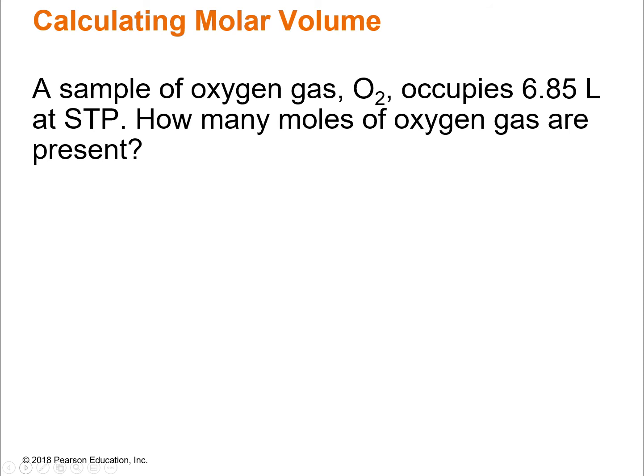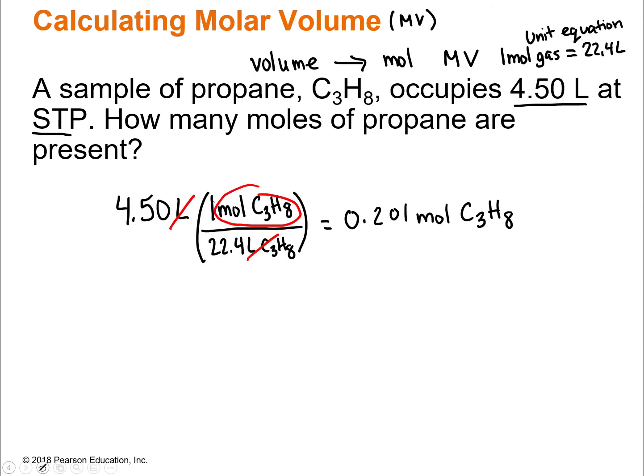I want you to try it. Oh, sure, I can go over it again. I'll go over it again, and then I want you to try a problem exactly like it. So we're starting with the question of how many moles of propane are present, and we're given a volume. Anytime you're given a volume and you're told that something is at STP, you know you're dealing with a gas.